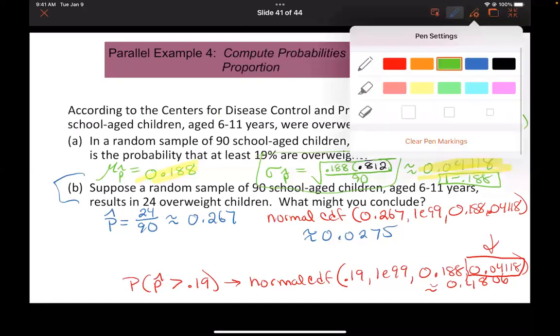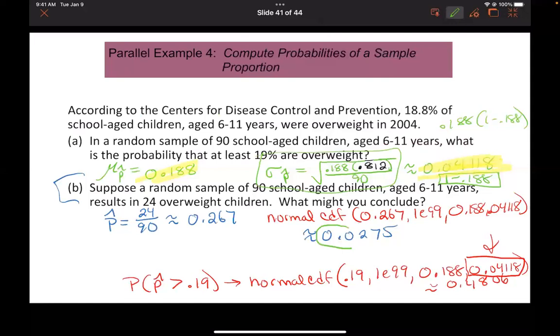So we have 0.0275. That's less than 5%, so that is an unusual value. The what might you conclude part is totally you making up a story.